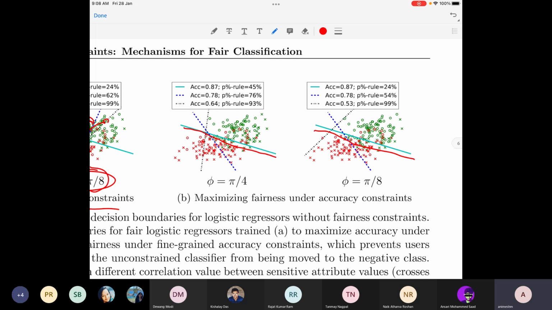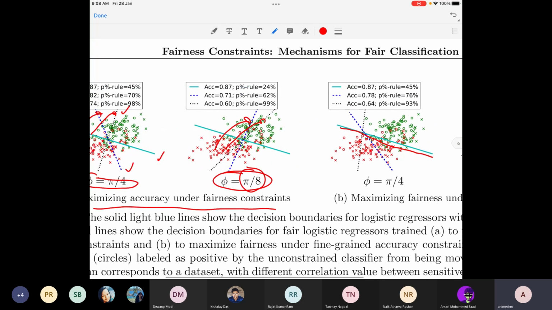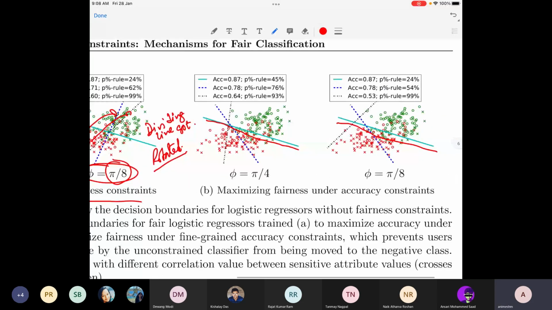So do you see any interesting change? The earlier one, as we have seen, the dividing line got rotated. What happens here? Is it just rotated?